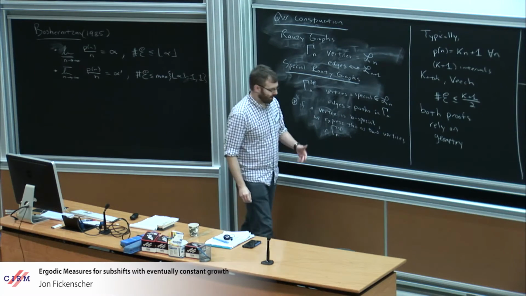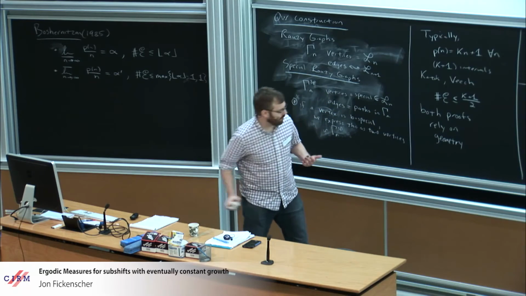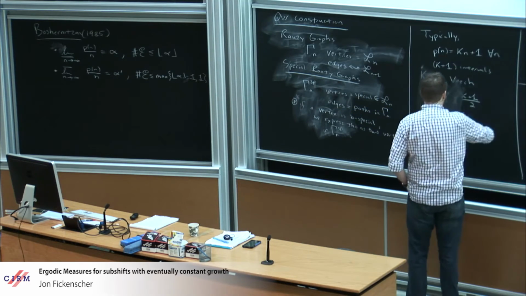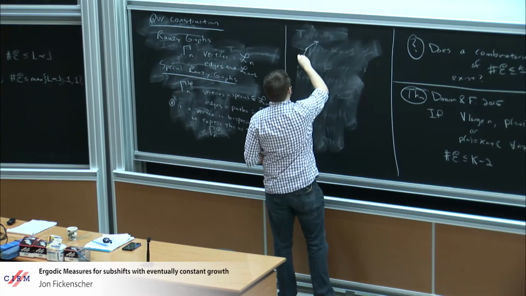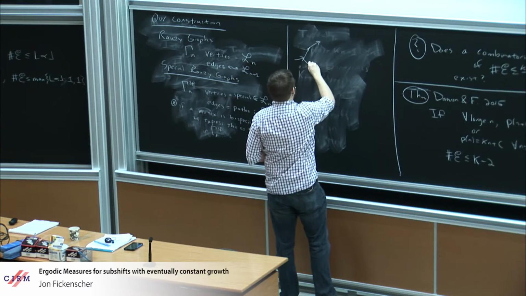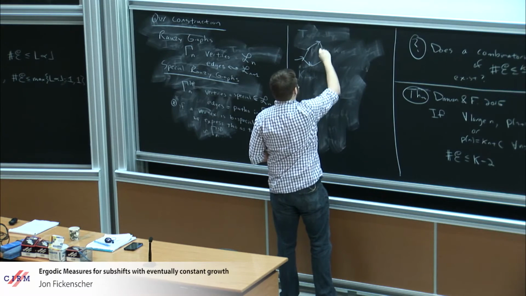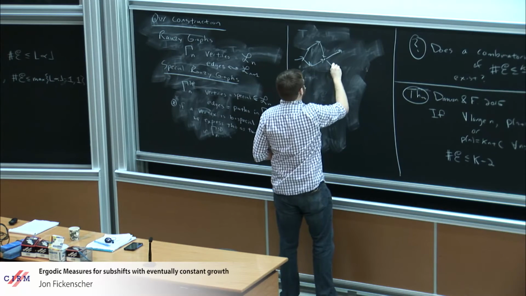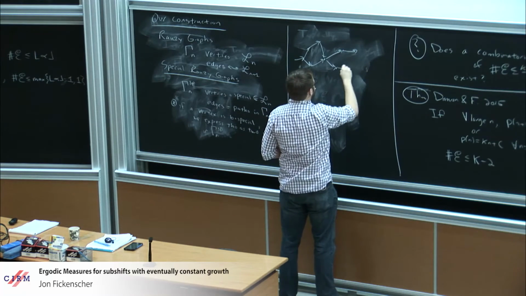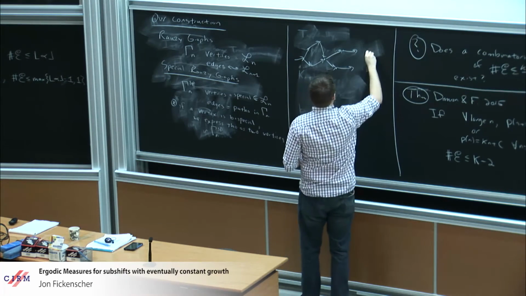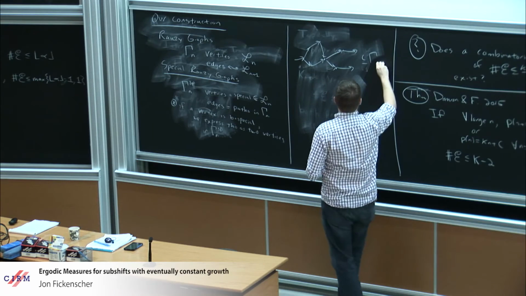Other than the fact about why we would even do this, the picture is not too bad. It's just saying, okay, so if I have maybe some subgraph of my, so let's say that this is part of my picture of my Rauzy graph.